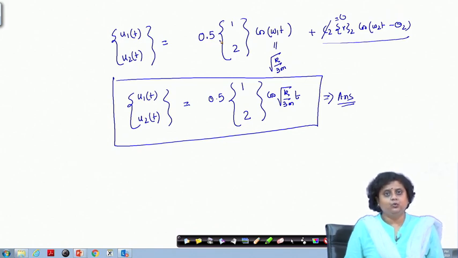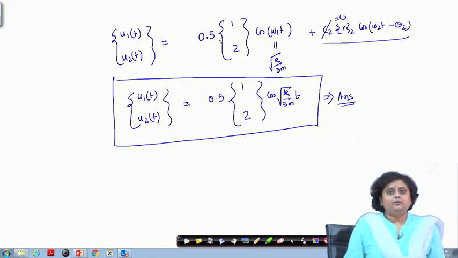We use the mode shapes as they were given. So, I wish to say here that even if we had mass normalized the mode shape, we would have got a similar answer. So, one can try this for themselves and see that even if we mass normalize the mode shape, we will eventually get this answer.